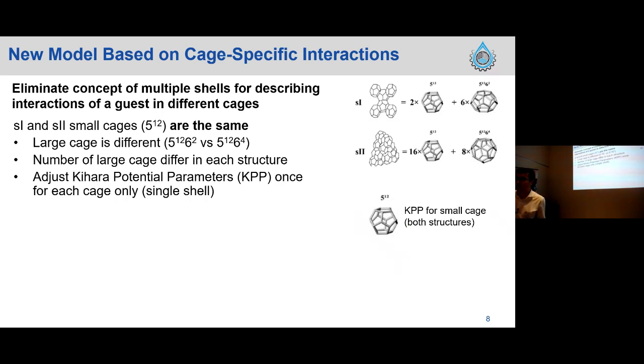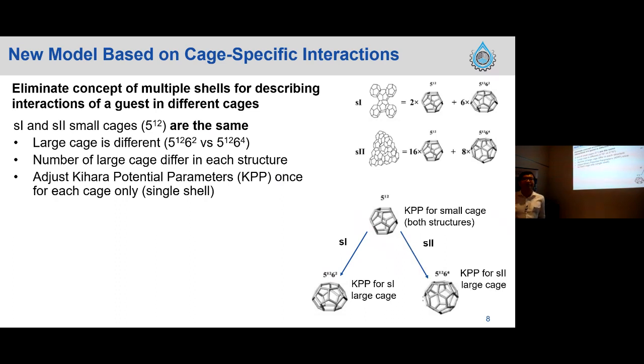If we want to model structure 1 hydrates, we then consider a separate Kihara potential parameter for the large cage, so if we want to model methane or carbon dioxide hydrate, for example. And then finally, if we want to model structure 2 hydrate, then we'll have a separate Kihara potential parameter set for that large cage associated with structure 2 hydrate. And then this could be extended and so on for structure 2H.